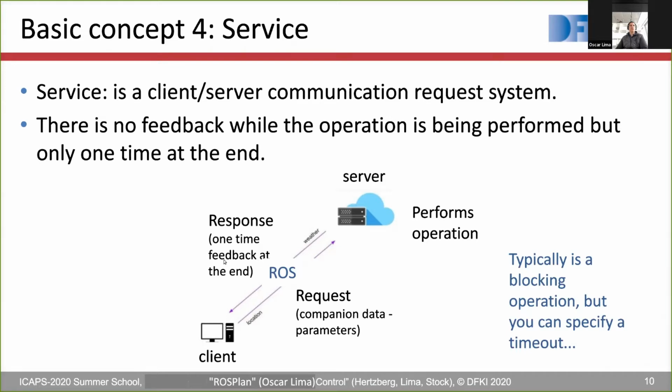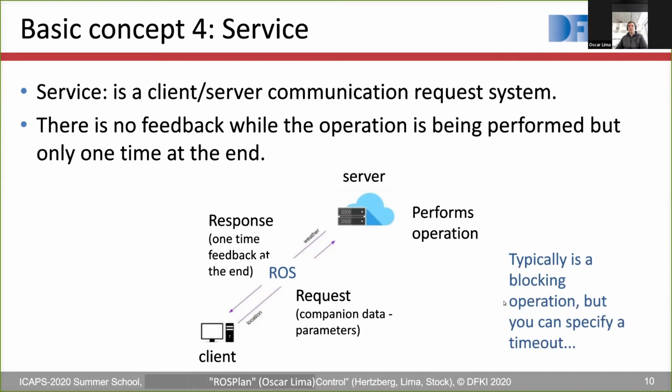You get feedback only one time, at the end of the process. Once the server is finished with what you asked it to do, it will send a result one time at the end. It's typically a blocking operation, but you can also specify a timeout, or you can make a non-blocking operation.